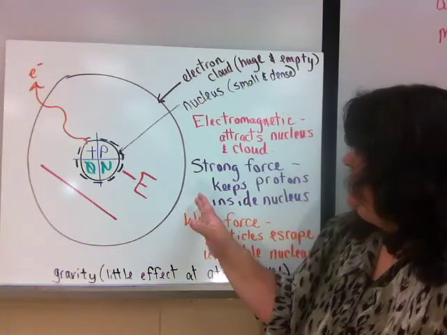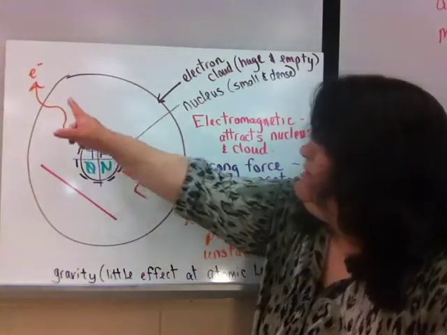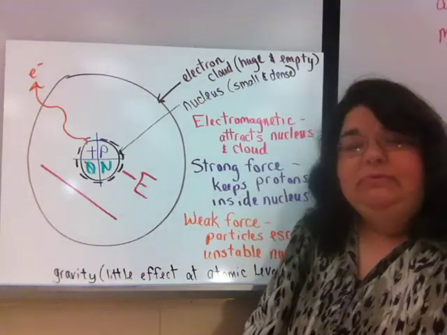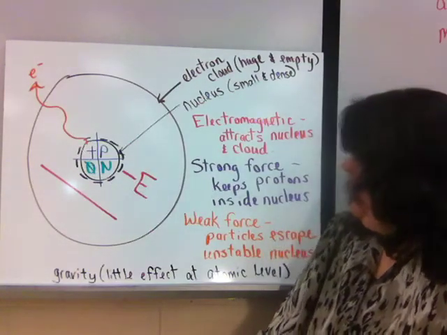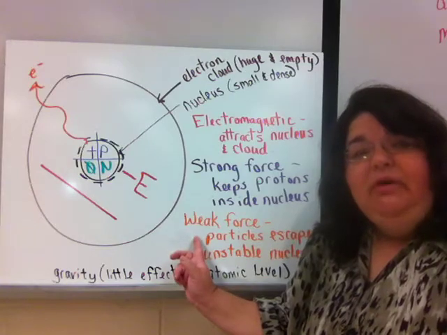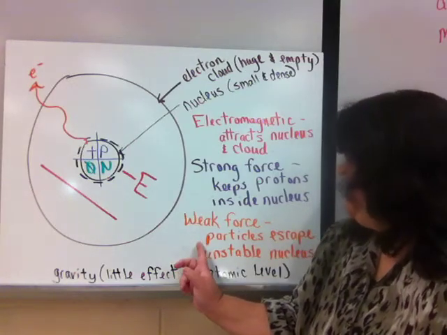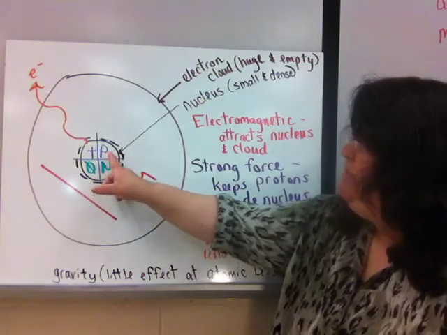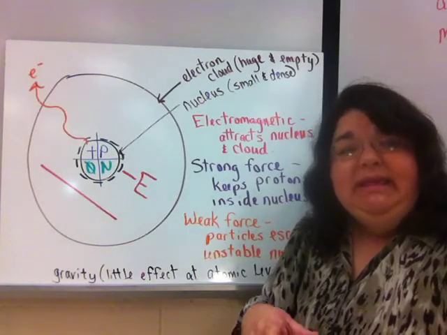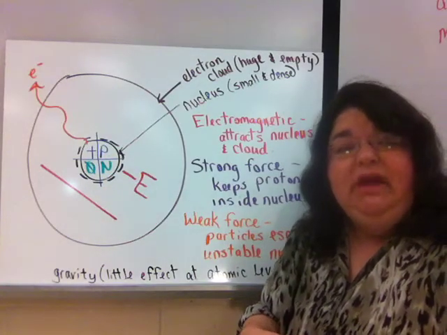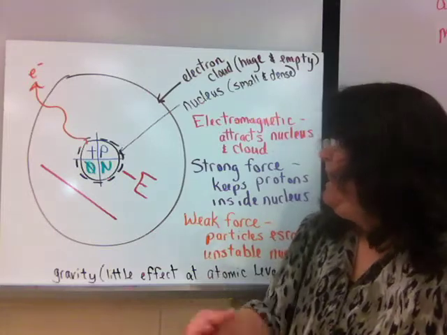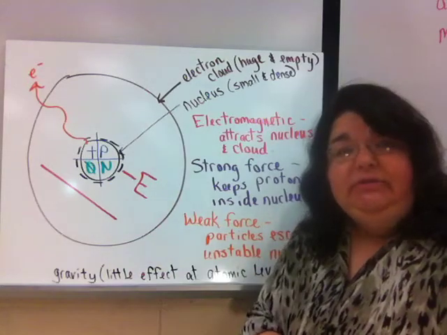Now, every now and then, one escapes. And I've got this little orange wave here to represent something escaping. When they escape, this is called the weak force. And it's when the ratio between protons and neutrons gets too big. In other words, I have a lot more neutrons than I do protons, and that nucleus will get too full.